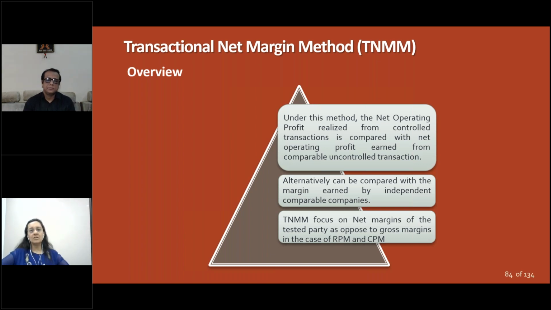It is most tolerant to functional differences and product differences, and therefore it is also the most widely applied. This judges the net margin or net operating profit earned from a controlled transaction vis-a-vis an uncontrolled transaction, or earned by independent comparable companies.